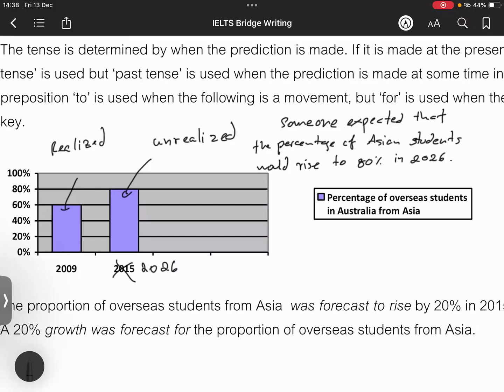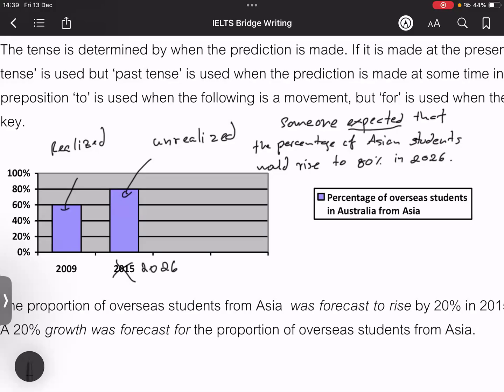Yep, you can say that. You can use the reported speech structure. Someone expected. Why am I using past tense? Because someone already made that prediction. Someone expected that the percentage of Asian students would rise to 80% in 2026.